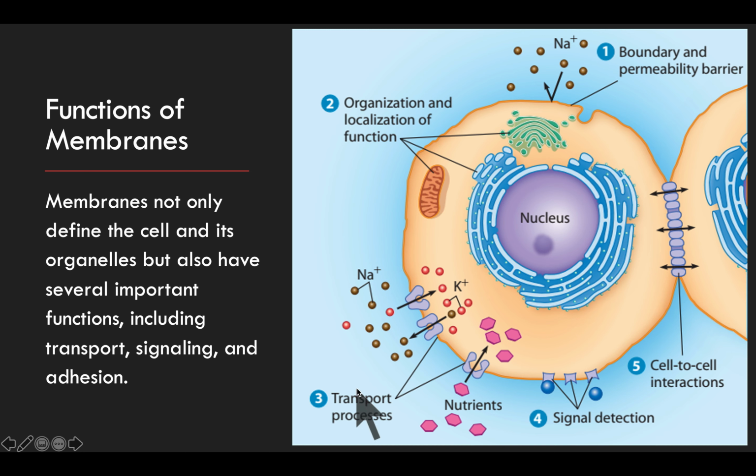Third, membranes also possess transport proteins that regulate the movement of substances into and out of the cell and its organelles. Fourth, membranes contain protein molecules that act as receptors to detect extracellular signals. And fifth, they provide mechanisms for cell-to-cell contact, adhesion, and communication.